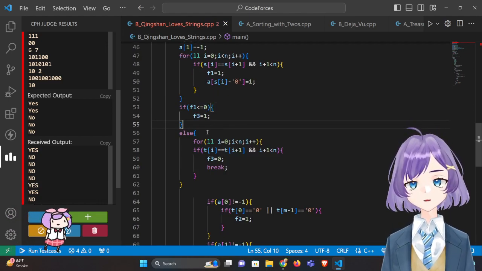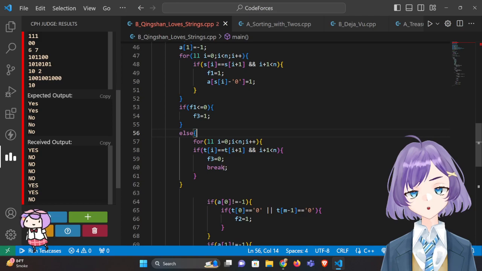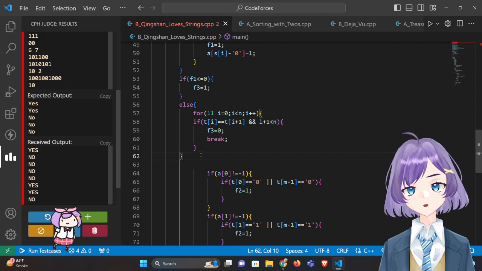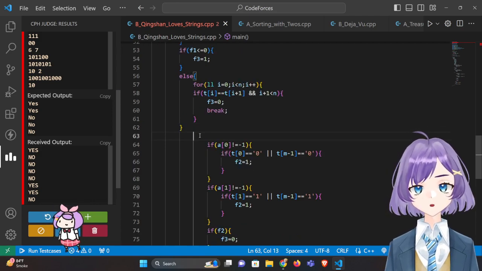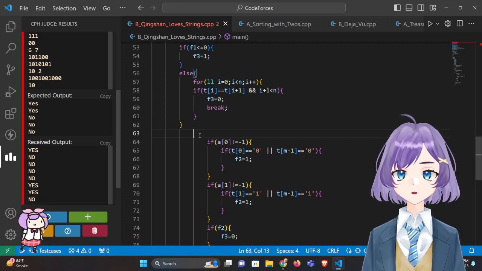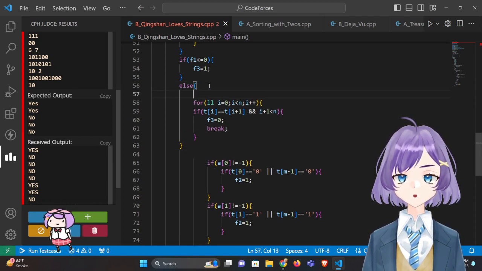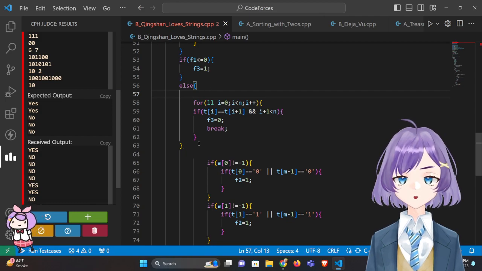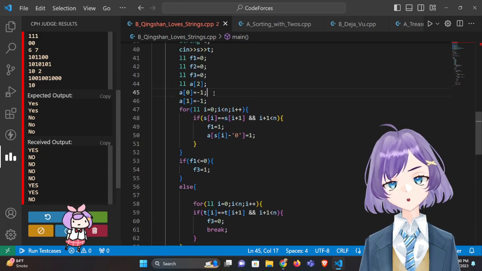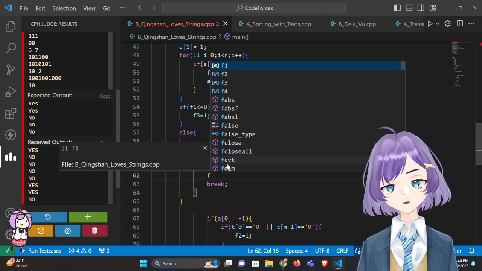F3 equals 1. F3 equals 0, break. If F3, F4 equals 0, F4 equals 1.